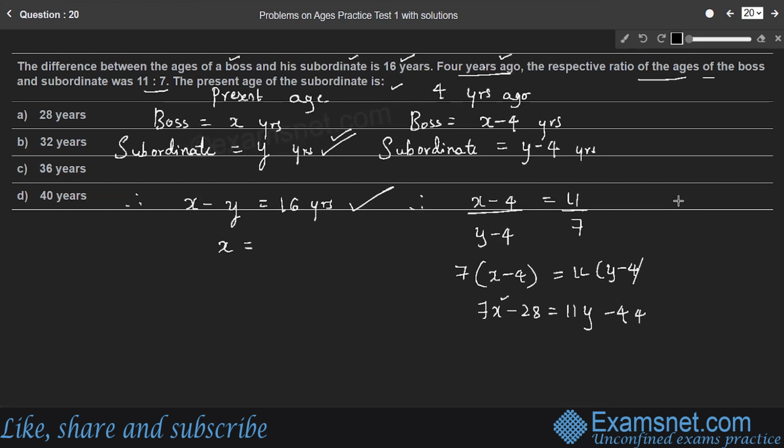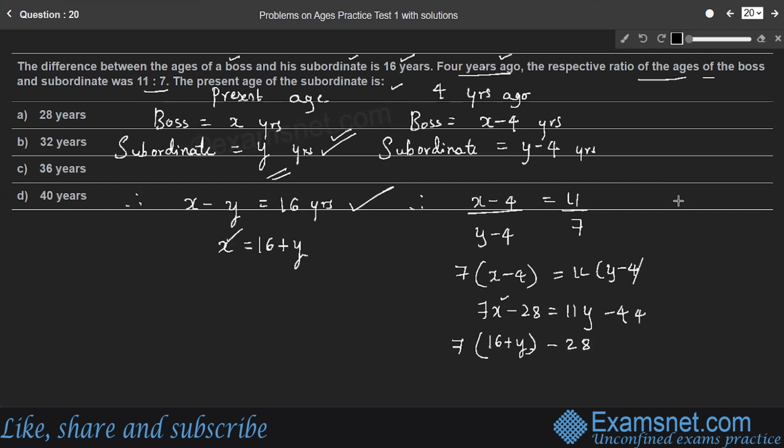Therefore, the value of x becomes 16 plus y. Replace x by 16 plus y, right? 7x becomes 7 into 16 plus y. Because here we need the value of y, we cannot delete the y term. So it is better to delete the x term, by replacing x as 16 plus y.